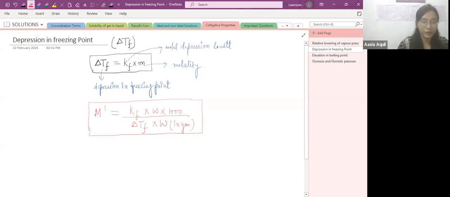So M dash here is your molecular mass of solute, and Kf is your molar depression constant.